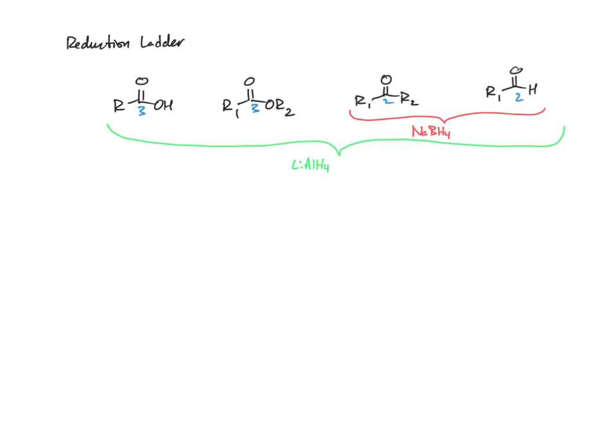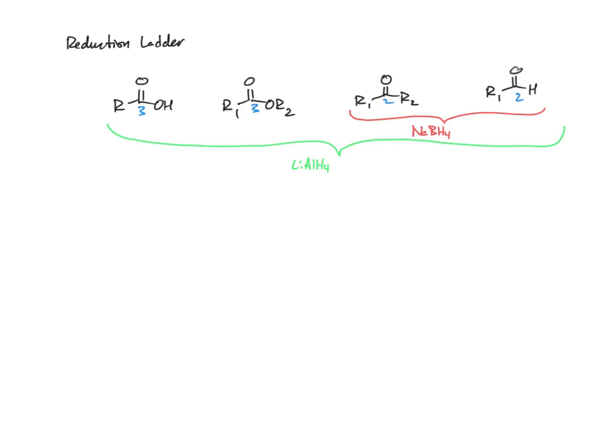So keep in mind what we just said. Sodium borohydride is a one-stage reductant. It only takes oxidation state 2 compounds down to oxidation state 1. Lithium aluminum hydride, because these are oxidation state 3, they will proceed to be reduced through oxidation state 2. Then that will subsequently in the reaction be reduced to oxidation state 1.